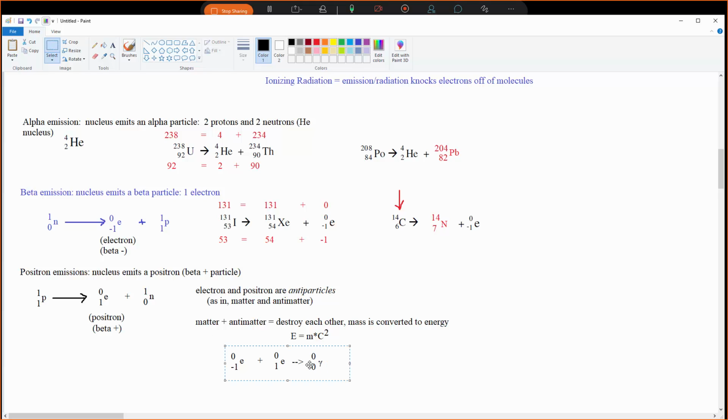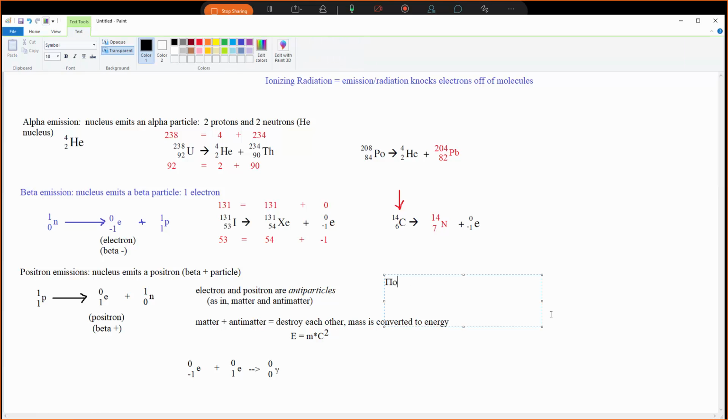Now this is the basis for positron emission tomography.